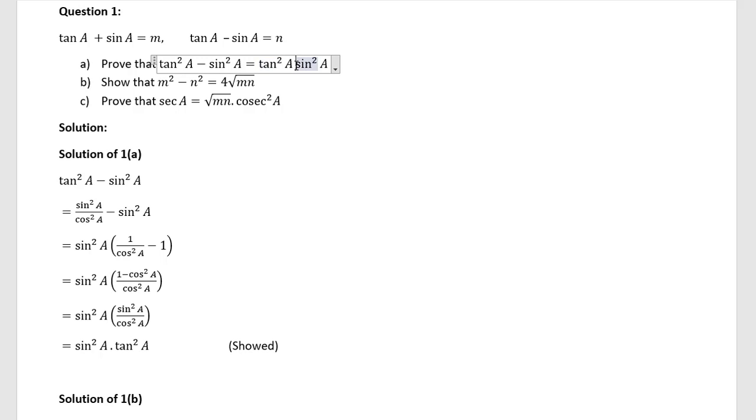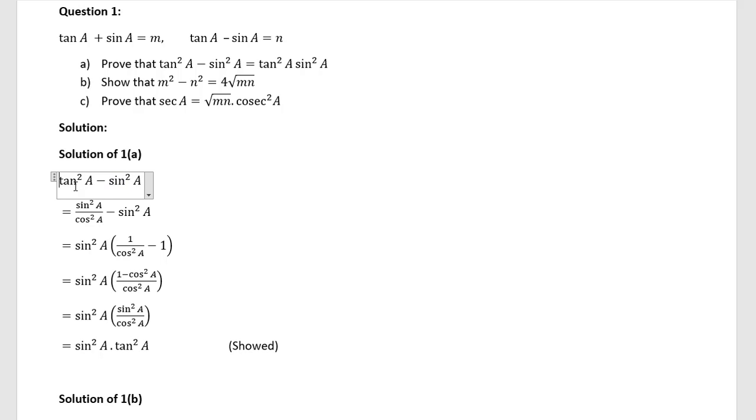So to build up factor we have to take something common, and to take something common as common factor we will have to get some sin square a or some tan square a from here or from here, and in both of the terms either we have to generate a sin square here or we have to generate a tan square here, because we need to take tan square as common or sin square as common.